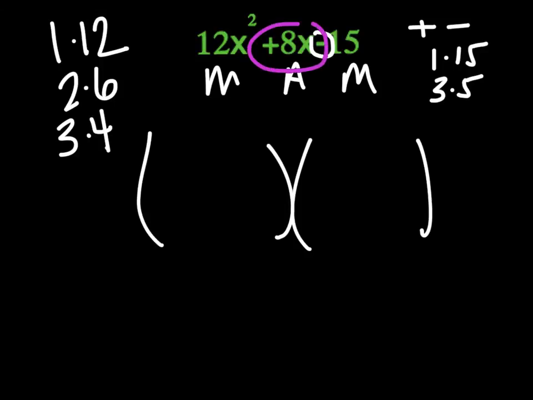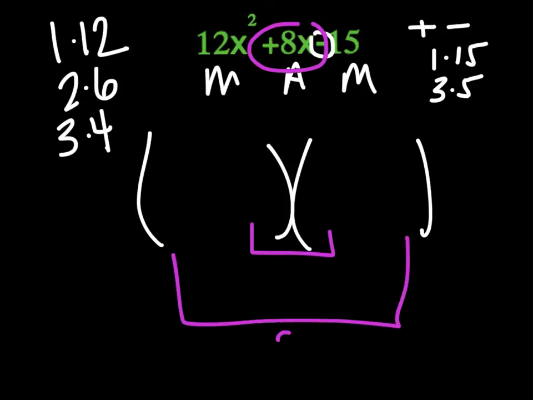My 2 brackets, my inners and outers, have to add up to an 8x. So you just pick your poison and start with it and go. I'm going to start with my 3 and 4. 3x and 4x, and I'm going to see where it takes me. I'm going to try maybe the 3 and the 5.